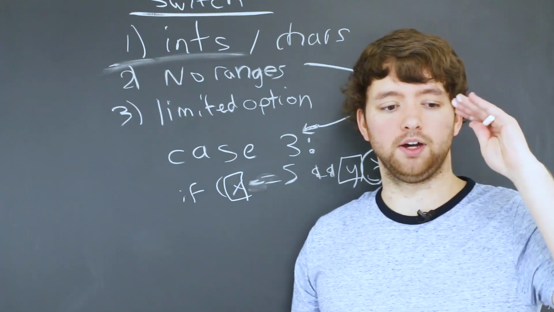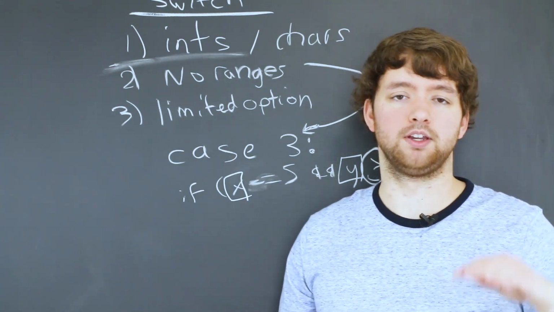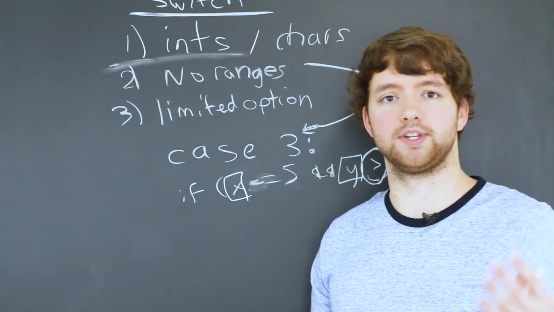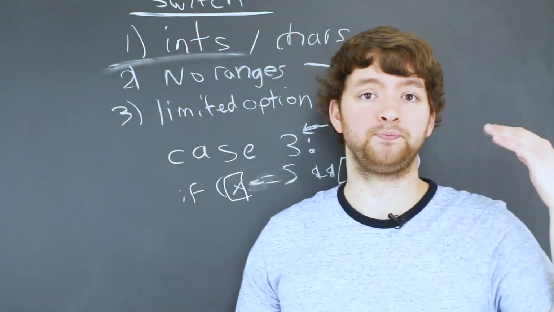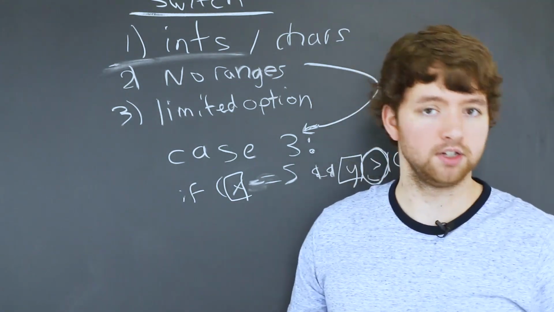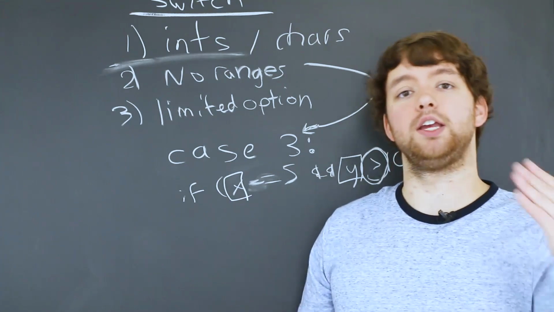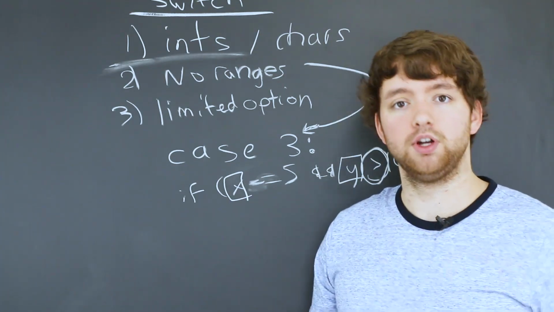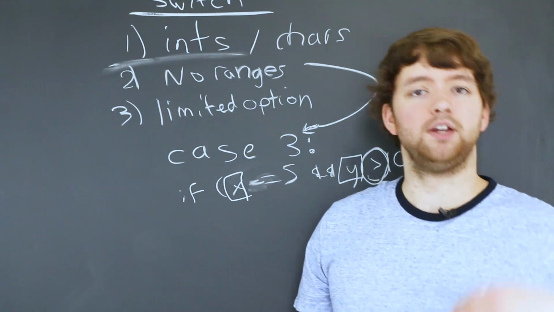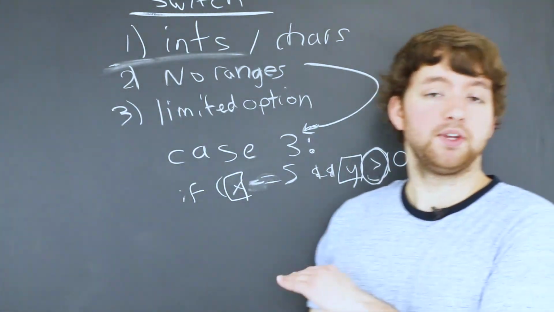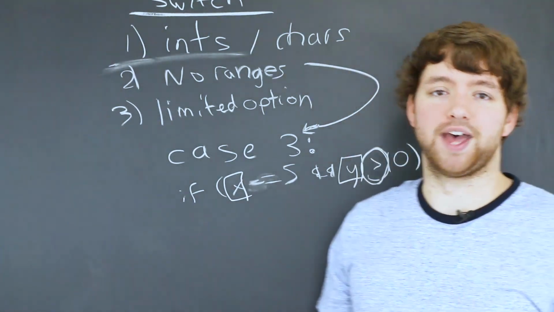There's a finite number of possibilities, and usually that is best represented with a switch statement where you can say, case 1, they enter the value 1, let's play the game from scratch. Case 2, they enter the value 2, let's load a game, and so forth. You can do the same thing with the if statement, but the switch statement is just that much clearer.